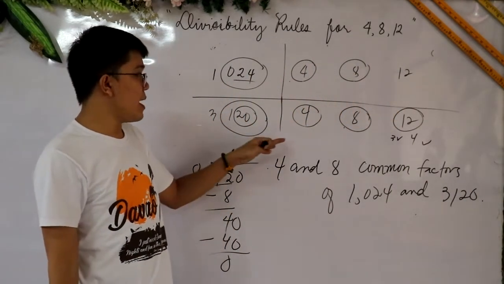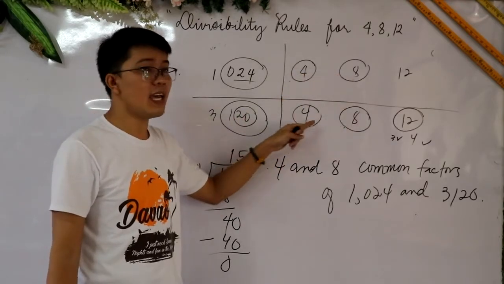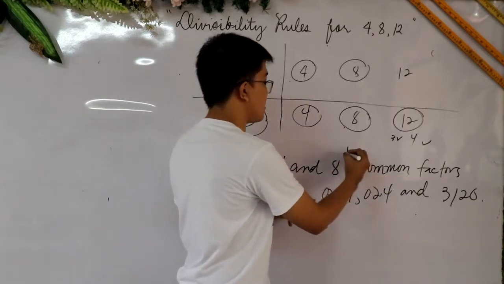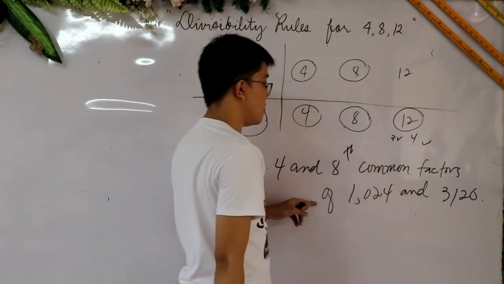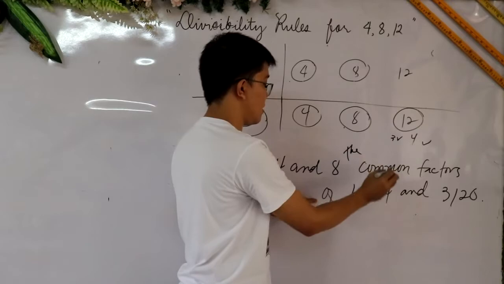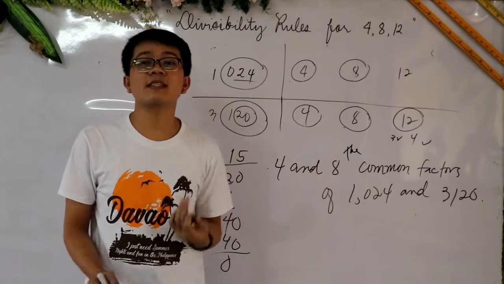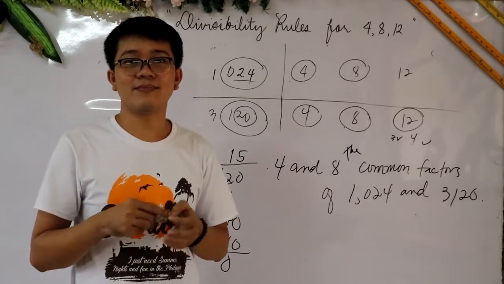Again, that makes 4 and 8 the common factors of 1,024 and 3,120.